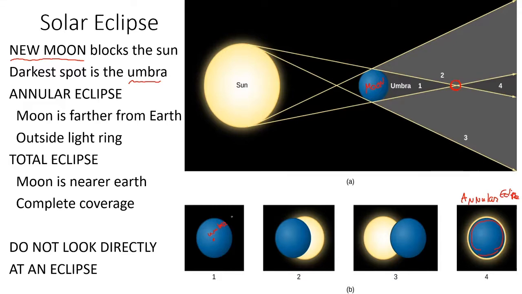Here's a little point that really doesn't have much to do with the science, but I still think I need to say it for safety. Do not look directly at an eclipse. You cannot look directly at an eclipse with your eyes or your eyeglasses, or even if you have sunglasses. They make special eclipse glasses that block it out, or there are ways to see it by putting a pinhole in an index card and projecting the image.